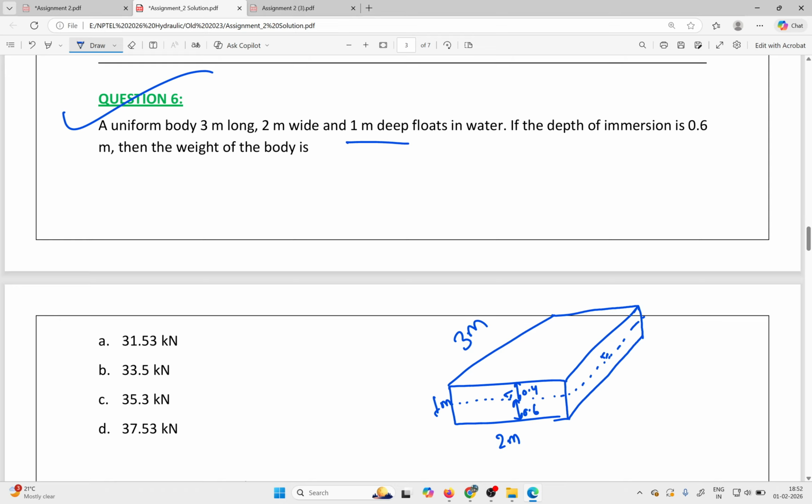Then the weight of the body. So what is the weight of the body? The weight of the body is nothing but the weight of water displaced.